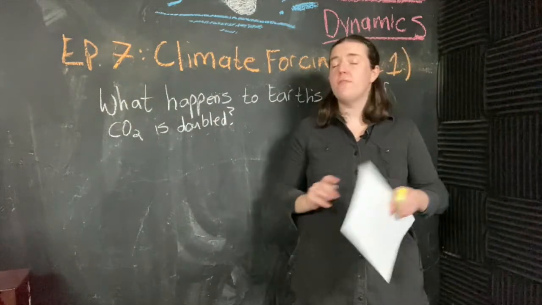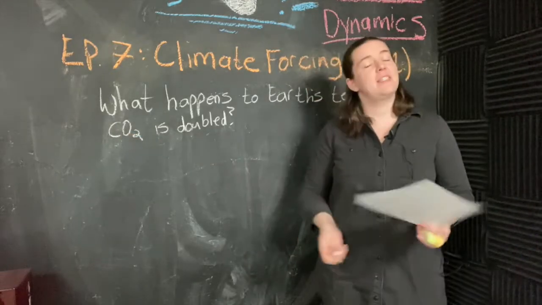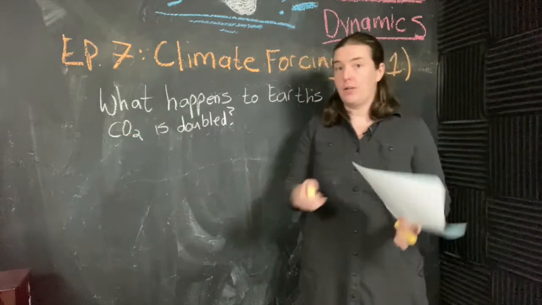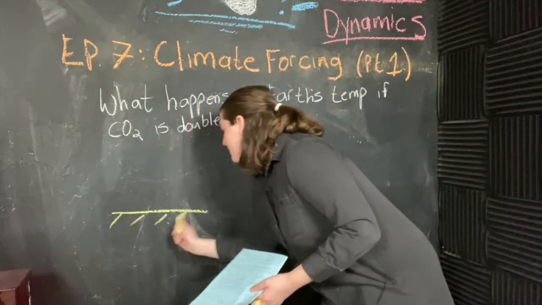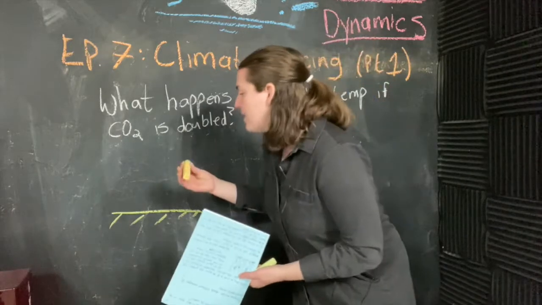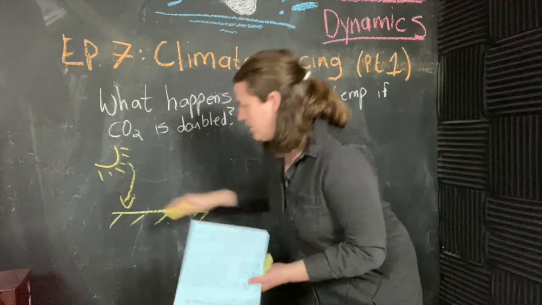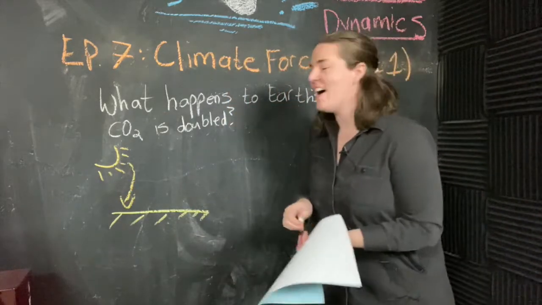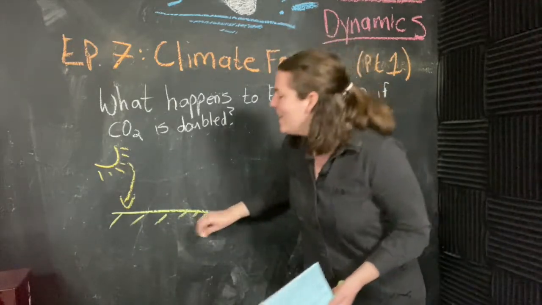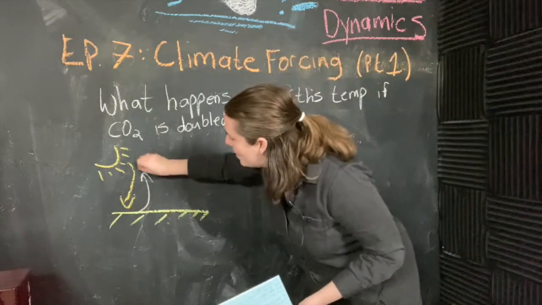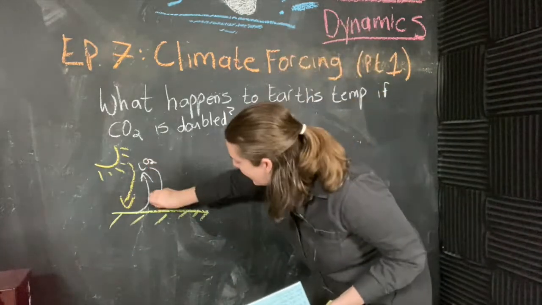We've already talked about how carbon dioxide and other greenhouse gases act to heat up Earth's surface, right? If we've got Earth down here, and our sunlight comes in, we know that when this radiation comes in, it's absorbed by the Earth, which then gets re-emitted back up and absorbed by carbon dioxide, which sends it back down.